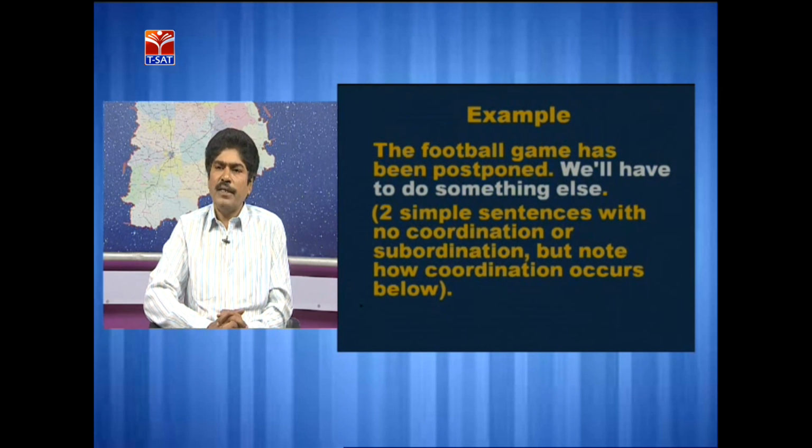See, observe one more example of coordination, dear student teachers. The football game has been postponed. We will have to do something else. You observe here two simple sentences with no coordination or subordination, but note how coordination occurs below.